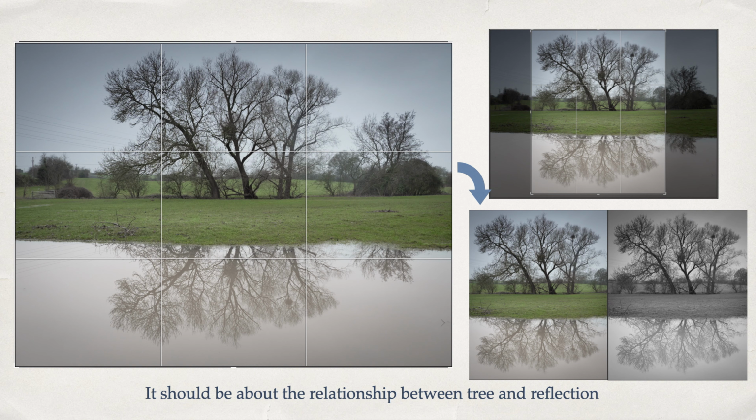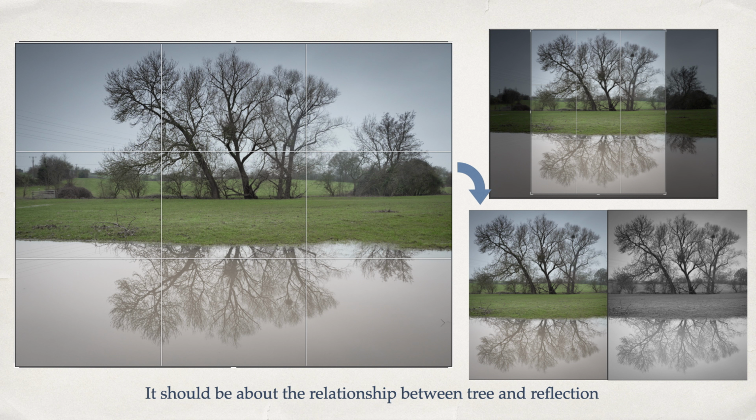The other thing you can do is think about how you crop. You take an image, you don't have to use the whole image. You can just hone in on a slight bit. So if I take this image, it's a very, very bland image. I just was out while the car was being MOT'd, which in the UK is the annual test that you get the car to make sure it's roadworthy.